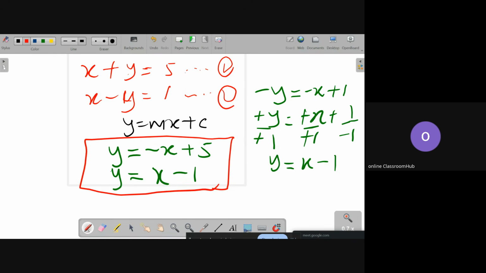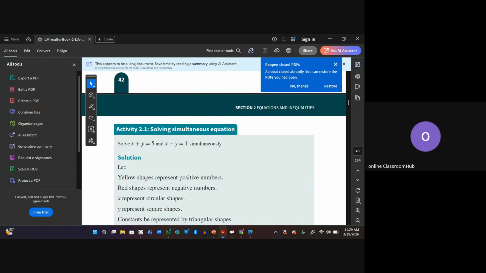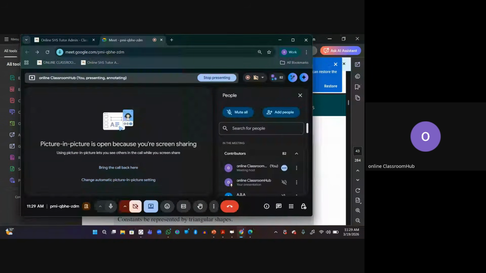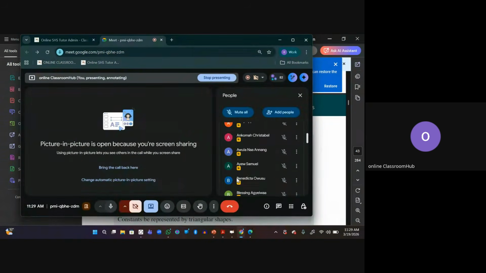Now we want to draw these lines. What do we need? We need the m, the gradient. We need the m and the c. So equation 1. What is the gradient for equation 1? Let me call somebody. What is the gradient for equation 1? Benedicta Owusu.